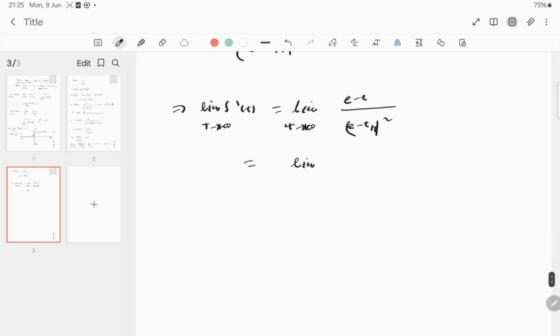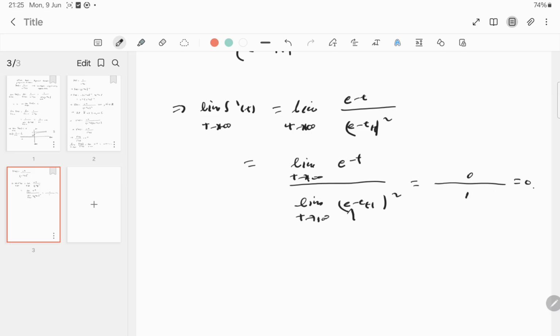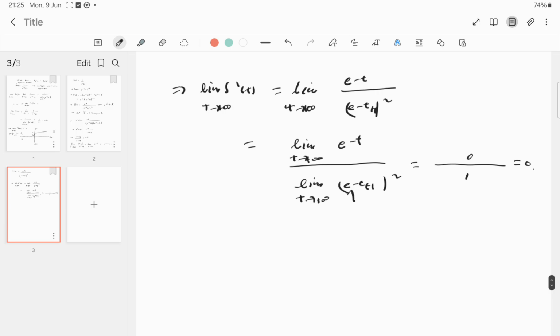I can write the limit as t grows to plus infinity of the numerator over the limit of the denominator. Let's start with the denominator: this term will go to 0, and I only have 1 in the denominator. And the numerator as t grows to plus infinity will go to 0. So this gives me 0. The derivative goes asymptotically to 0 as t grows to infinity.